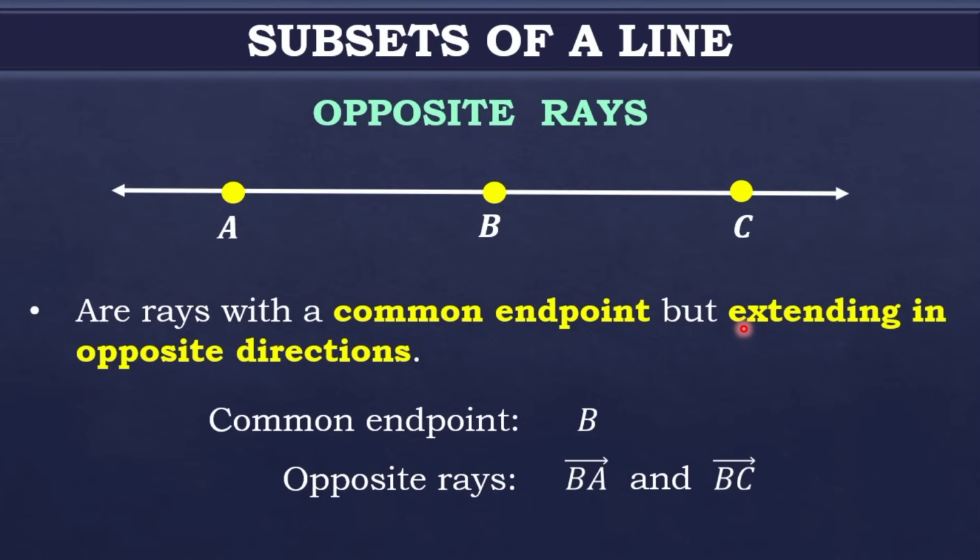So, kapag sinabi nating endpoint, lagi siya, common endpoint ng opposite rays, it is always in between. Okay? It is always in between the other two points on the line.